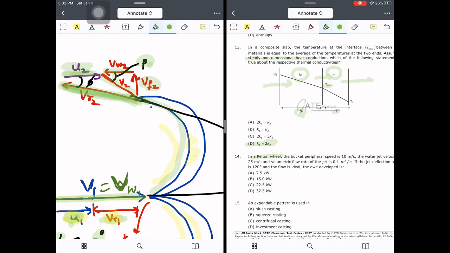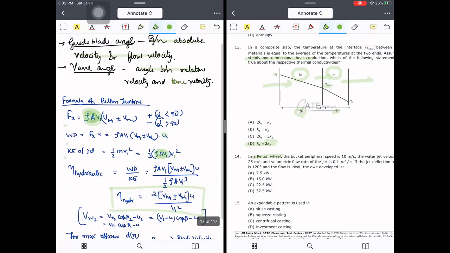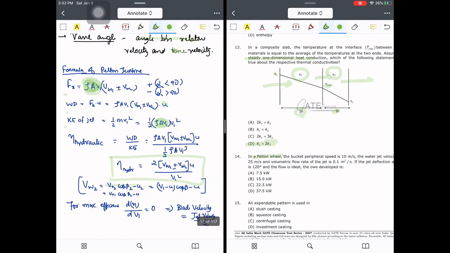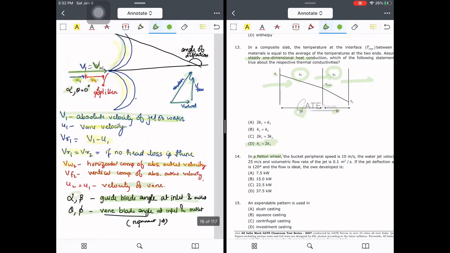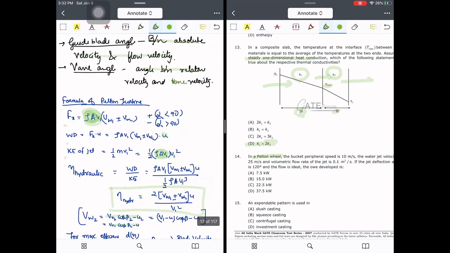So vw2, you can calculate based on the diagram that you made. vw2 is equal to either vr2 cos phi minus u2, or we can say v2 cos beta. So it's the same thing that we have done here. There is no need to remember. You just understand this particular diagram and these particular terms.